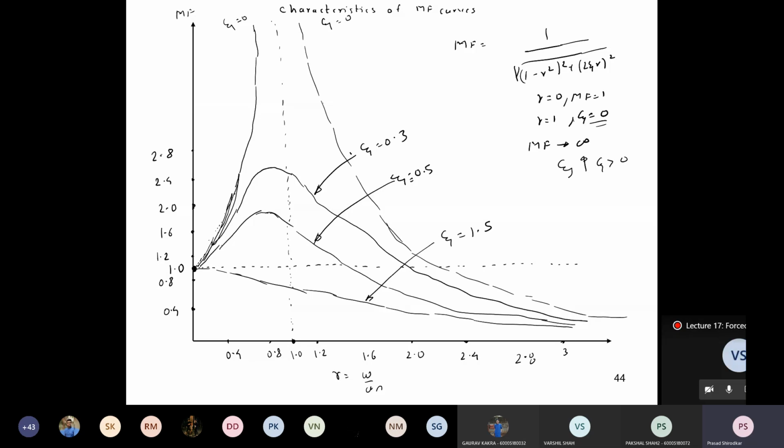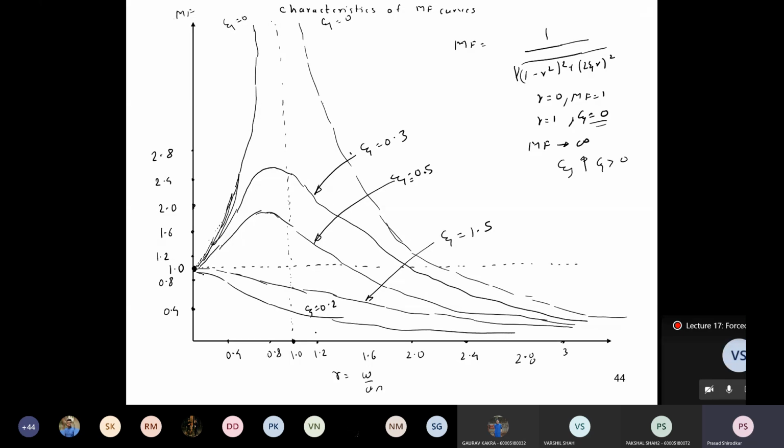So for very high values of zeta, there are no peaks that you observe. Okay. So this is for zeta is equal to 0.2 and so on and so forth. All right. So this is how you have to construct the frequency response, frequency ratio versus magnification factor.